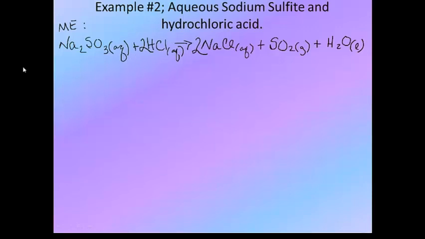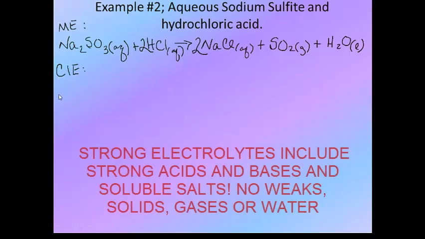Now I'm going to write the complete ionic equation. The complete ionic equation separates the strong electrolytes. Sodium sulfite is a strong electrolyte based on solubility rules. The subscript pertains only to the sodium ion.